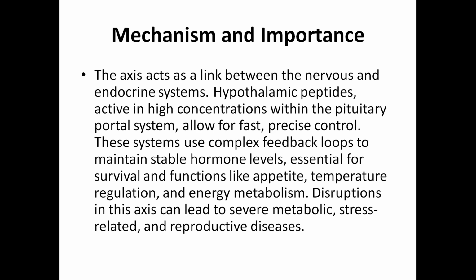Hypothalamic peptides are active at high concentrations within the pituitary portal system, allowing fast, precise control. This system uses complex feedback loops, as also discussed, positive and negative feedback loops, to maintain stable hormone levels that are very essential for survival and functions like appetite, temperature regulation and energy metabolism.